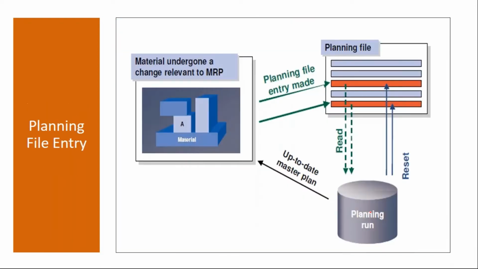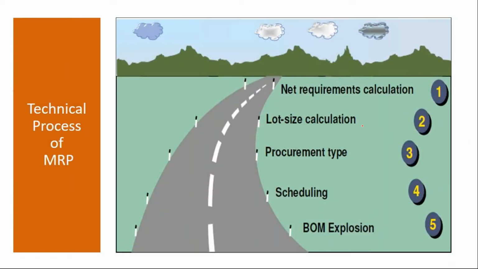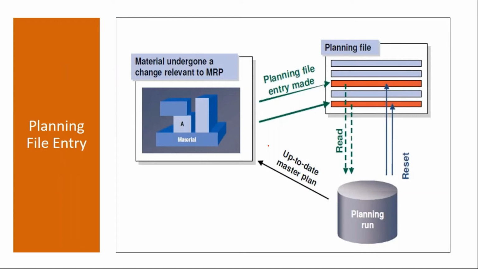Okay. So before the system does these activities, when you run MRP, it determines which materials are to be planned in the MRP. That is through the planning file entry. So what does planning file entry mean?